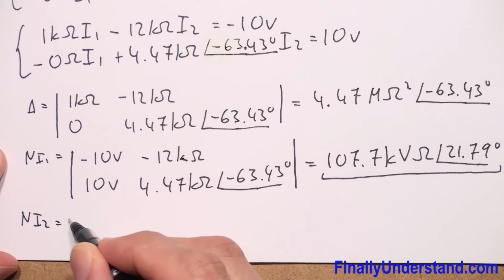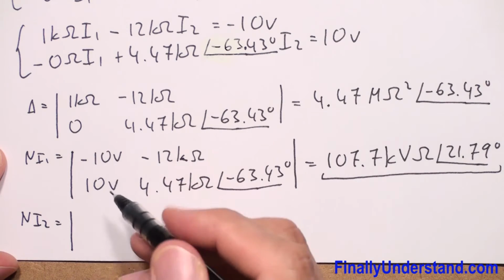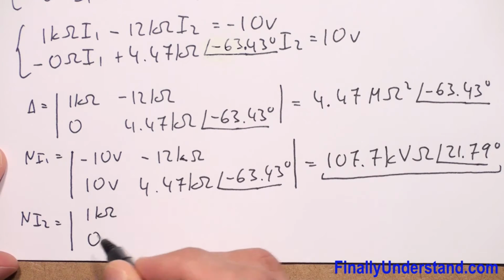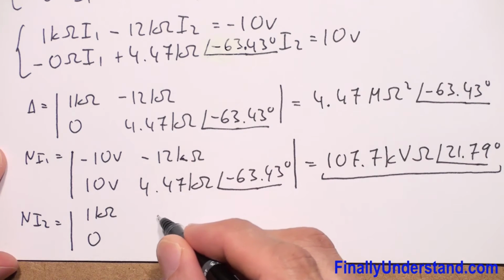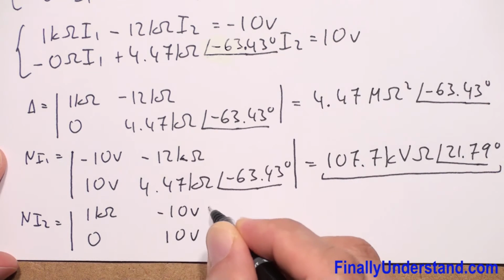Next, we're supposed to find NI2. We have to copy down the first column of delta, so I have 1 kilo ohm and angle 0. And the second column we're supposed to replace by the voltages. So I have minus 10 volts and I have 10 volts.